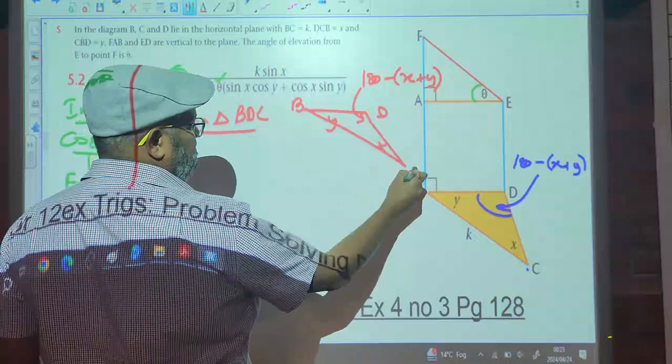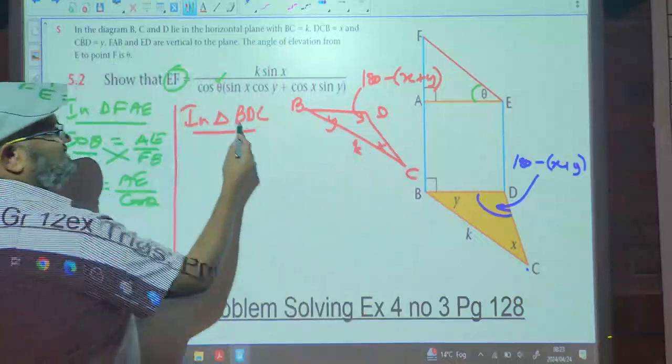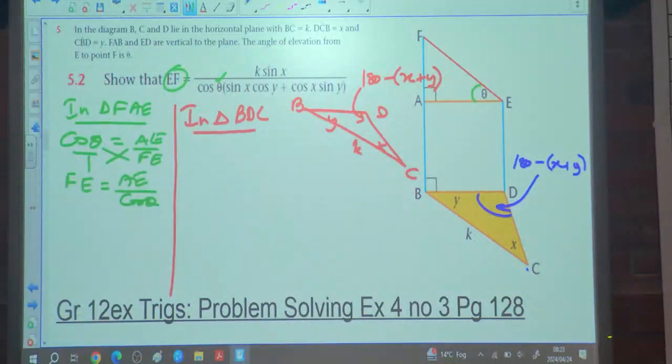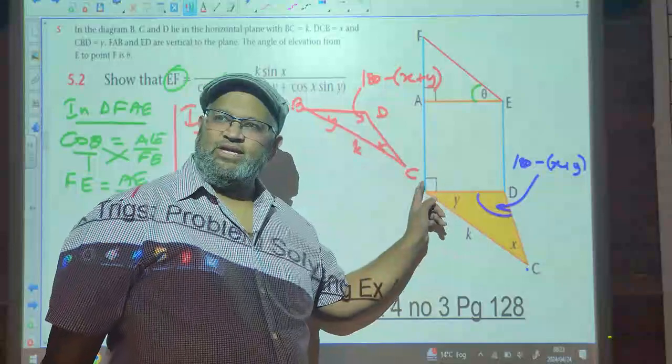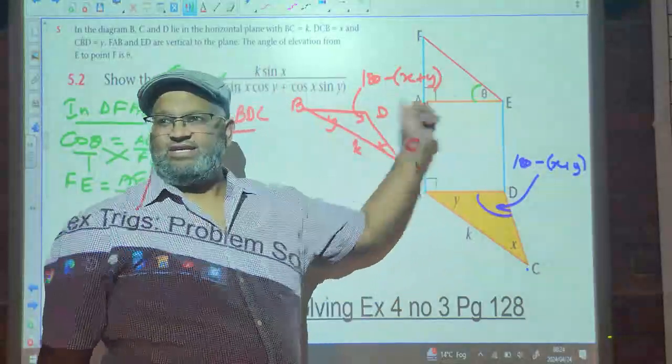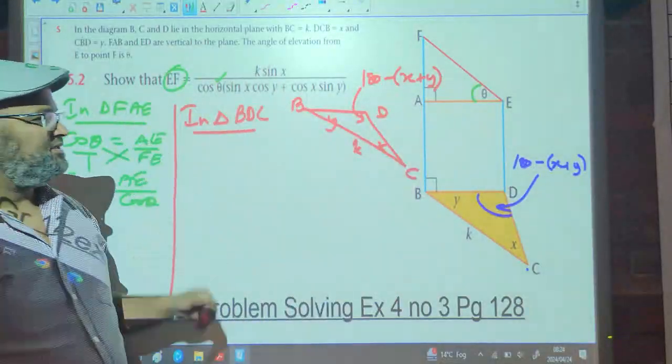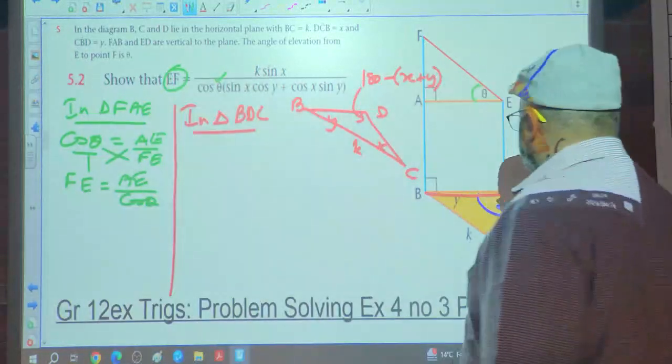This angle, of course, is X, which is C, and we got K there. As you can see, there's a K as well. Okay. So what are we going to use? We must use BD, as BD is the same as AE, which is the link between the two. So we must use that.